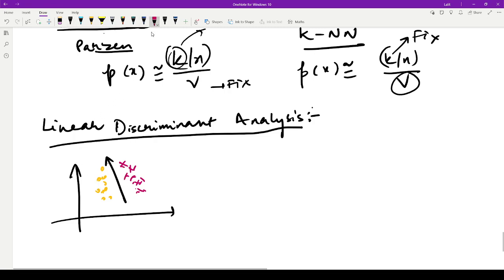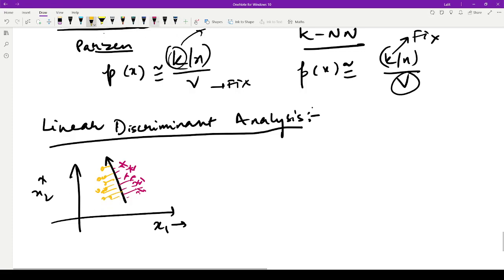But the point is, once you have labels, you want to separate it. This is X1 and this is X2. So once you have labels, you want to separate it out. If you project these data points onto this direction, what happens? You can see that they are not separable.